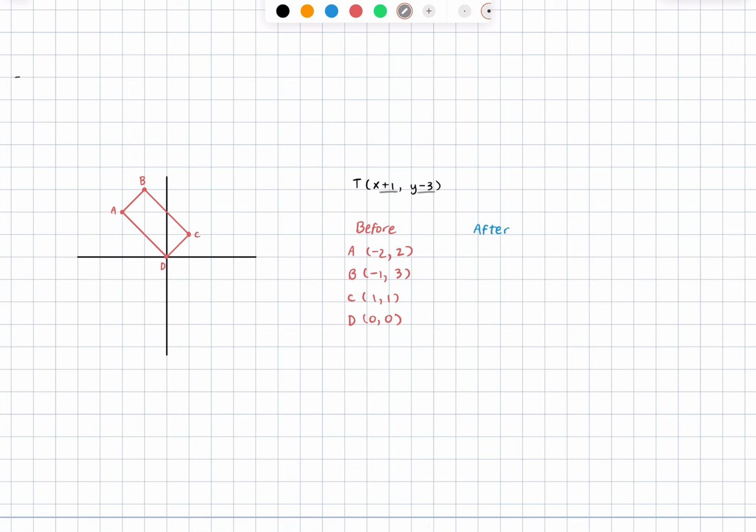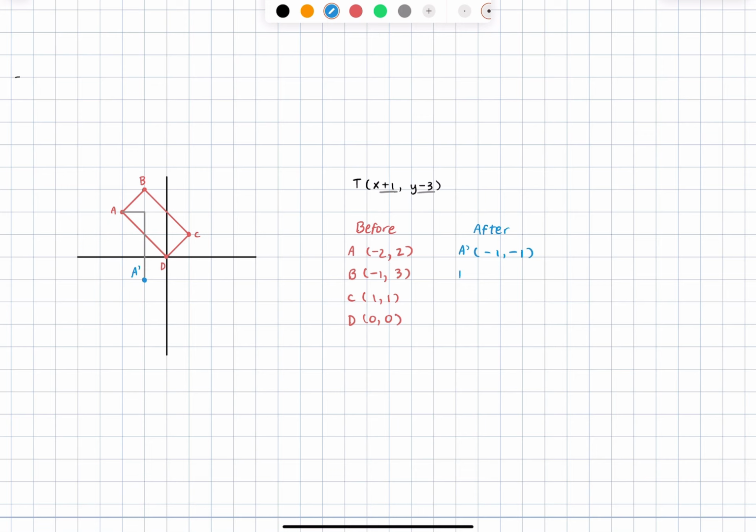So we want to move to the right 1, the positive direction 1, and move down in the negative direction by 3. 1, 2, 3. So this is going to be our new A value. So A prime, comma, and this is -1, -1.